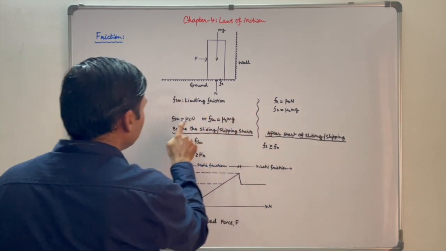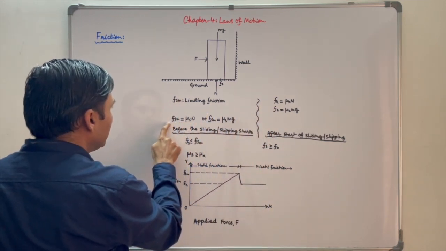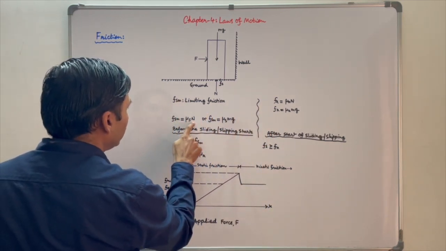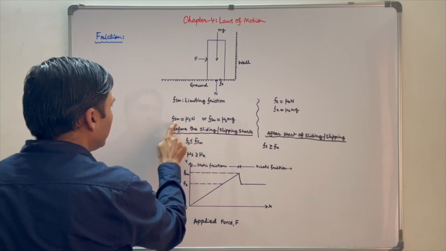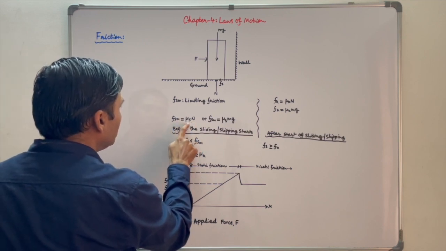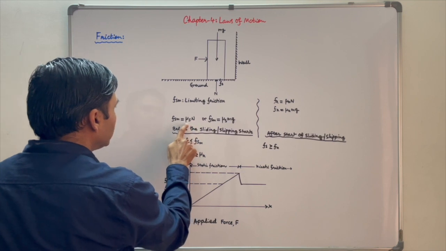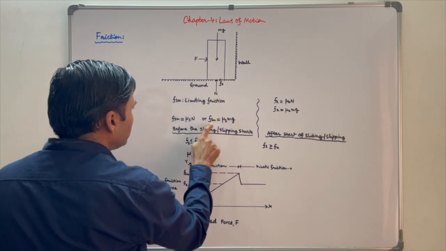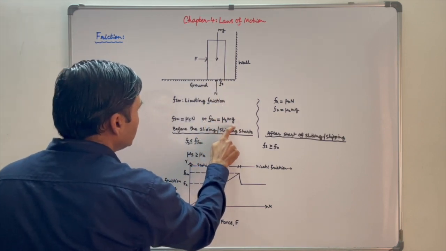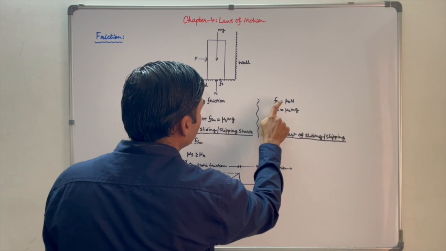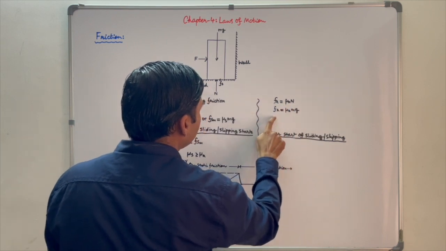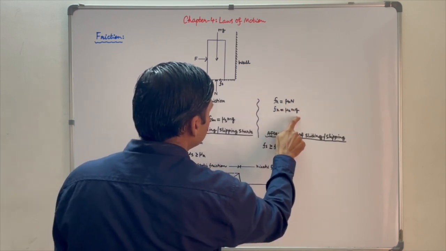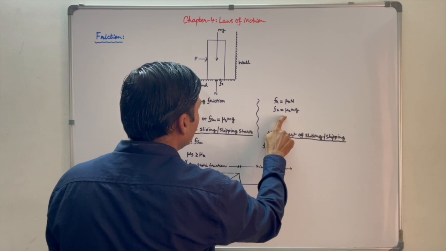It is experimentally seen that limiting friction varies linearly with normal reaction, and it is given by Fsm is equal to μs into N. μs is the coefficient of static friction. N is equal to mg. So Fsm is equal to μs mg. Similarly, Fk is equal to μk into N, or Fk is equal to μk into mg, where μk is the coefficient of kinetic friction.